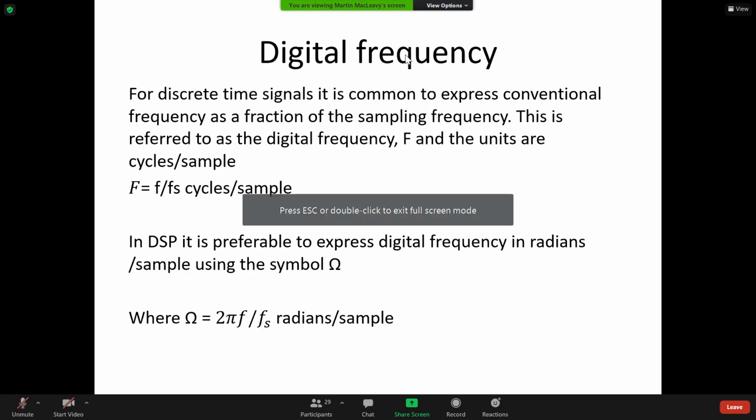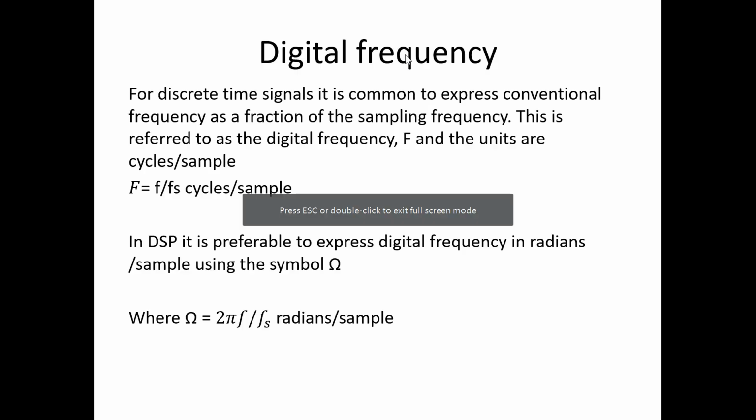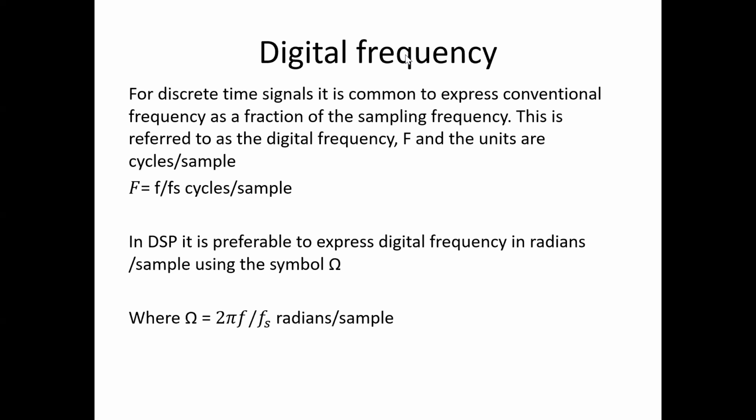I'll start and very quickly go back over it again. Digital frequency. It's common then to express conventional frequency as a fraction of the sampling frequency when you're talking about digital signal processing.